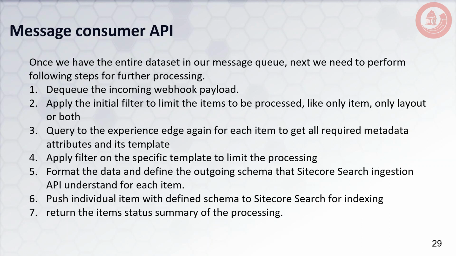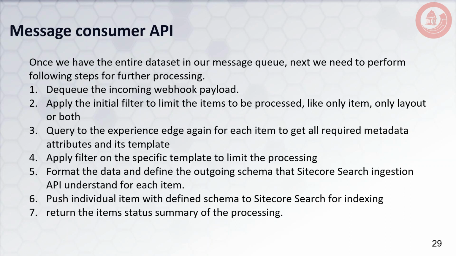Query Experience Edge again for each item to get the required metadata attributes and its template. When we have the entire data set on our side, apply a filter on the specific template to limit the processing, because we are interested in only a few of the items that belong to a specific template.